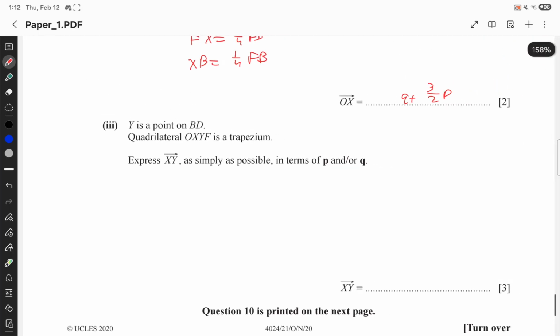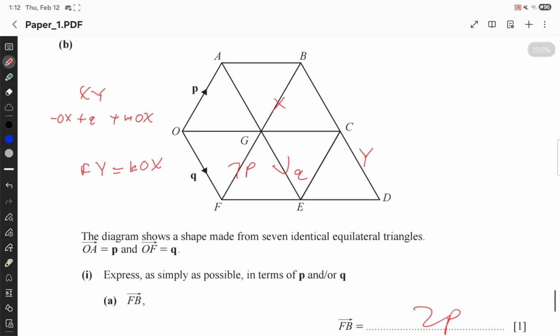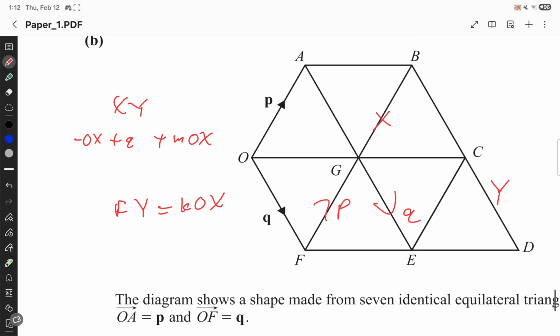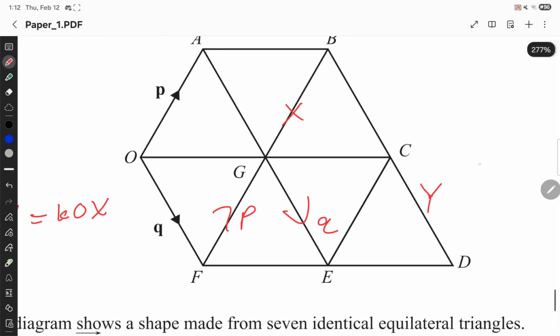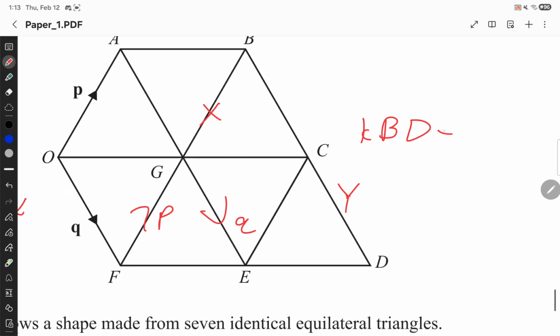And simply as possible in terms of p and or q. Now, how do we find FY? One more thing about FY is that it lies on BD. We know that BD, if you multiply it by some constant k, is going to give us BY.